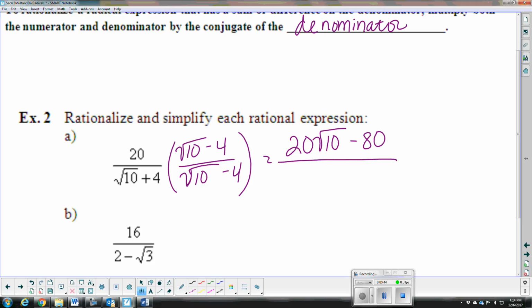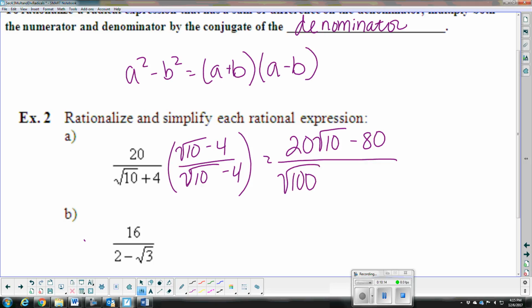And that's over, now, if you remember your shortcut for the difference of perfect squares, a squared minus b squared is a plus b times a minus b. That's what we have here, where the square root of 10 is our a and 4 is our b. So we're going to end up with a squared minus b squared. So that's the square root of 100 minus 16.